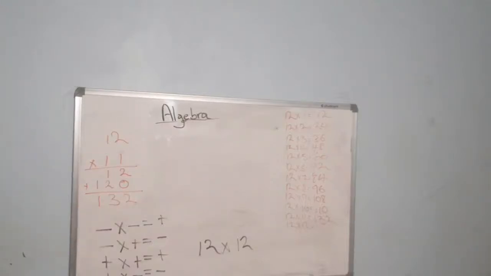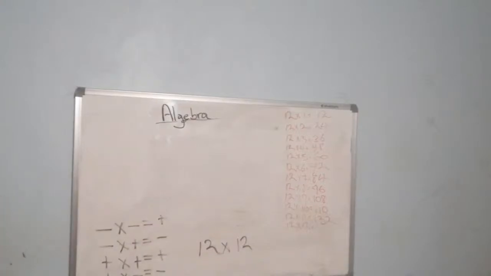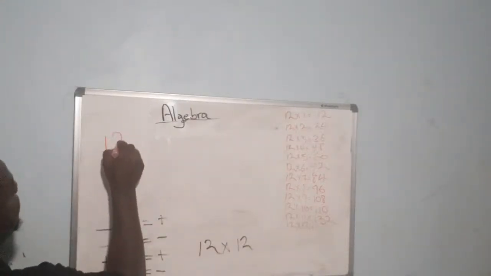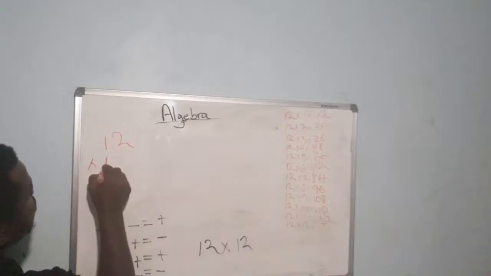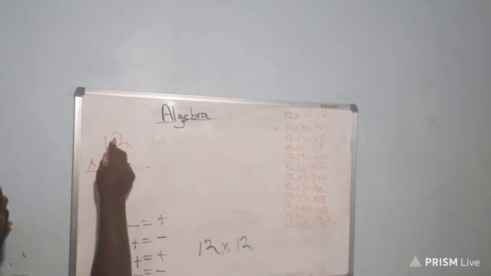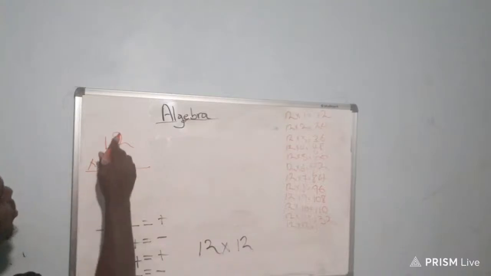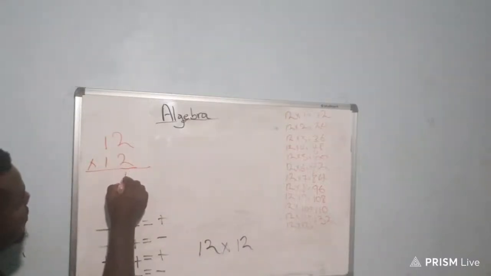And last but not least, the answer we've been waiting for. 12 times 12. Alright? 2 twos. This is 2 times 2, which is 4.